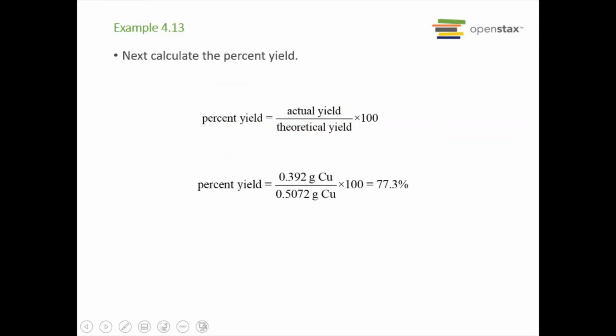So our percent yield is the actual yield, 0.392, divided by 0.5072, times 100 to make it a percent, and it's a percent yield of 77.3%. This is a great example of doing percent yield based off of your reaction data.